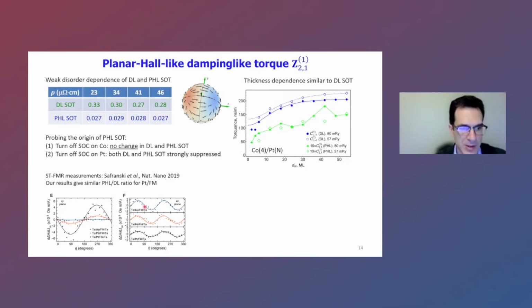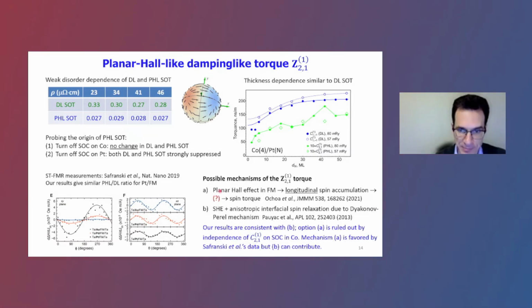So the ratio of the two, if we calculate that from our results, is in fact quite similar to the results for the platinum-ferromagnet system that they used, but they also see this effect at a similar magnitude with gold and palladium. In our calculations, the effect in those systems is much smaller. So this suggests the mechanism could be different.